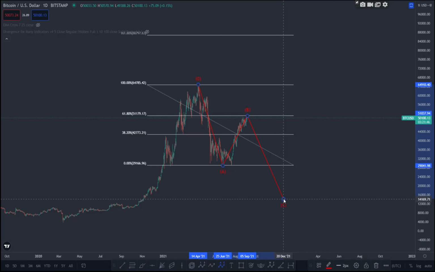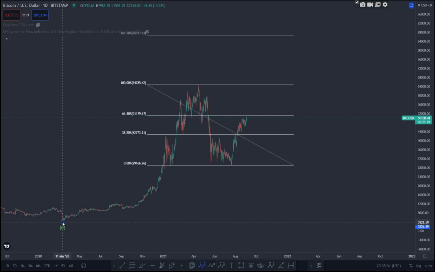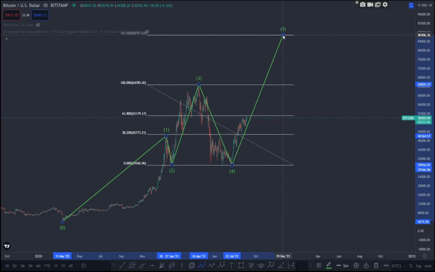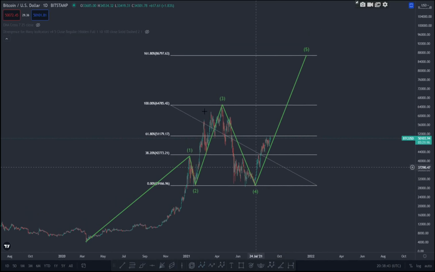So that would mean that wave C would end somewhere around here. Okay guys, this is typically, yes. However, we still need to figure out in which impulse wave we are, because you could draw these lines like this and go to the 1.6.